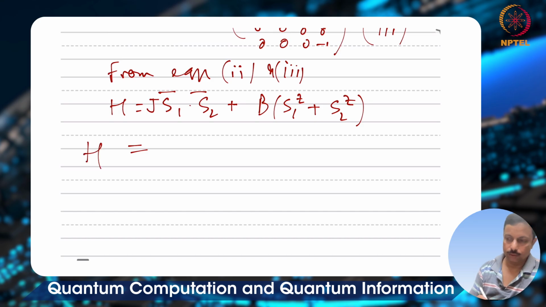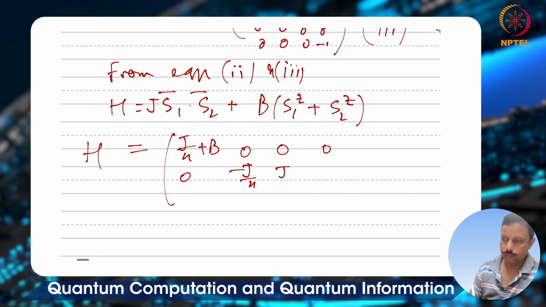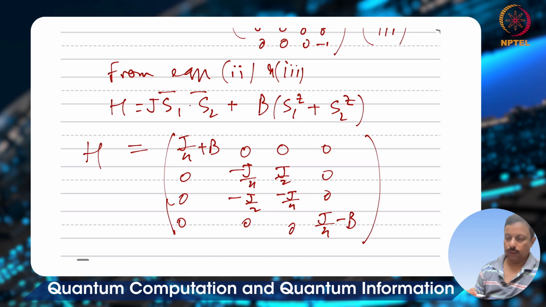So the net Hamiltonian is J by 4 plus B, 0, 0, 0; 0, minus J by 4, J by 2, 0; 0, J by 2, minus J by 4, 0; and 0, 0, 0, J by 4 minus B, right?